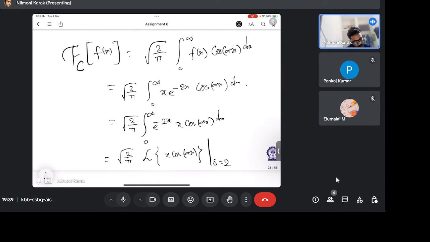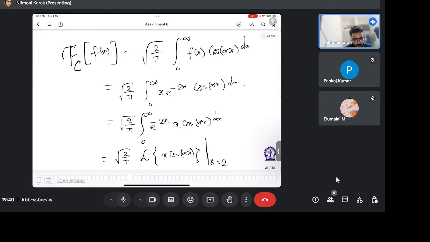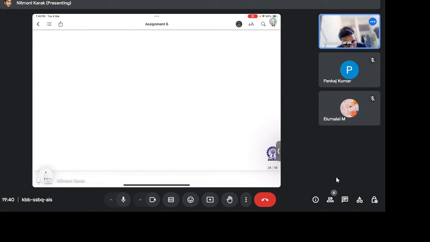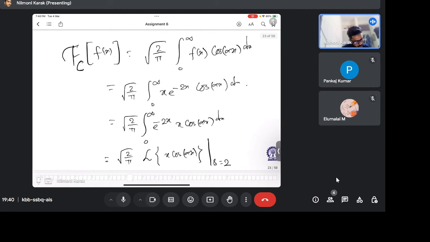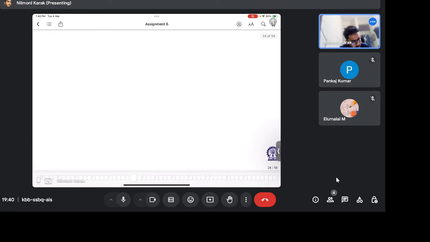So it is easy. Now to handle this type of Laplace transform, x times f of x, you know the derivative formula. We have already done it, and this is nothing but minus d/ds of the Laplace transform of cos alpha x.